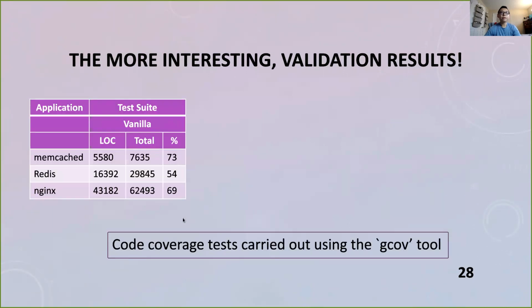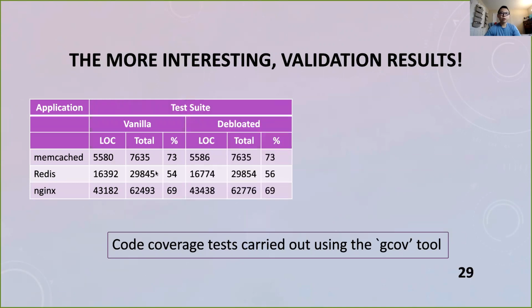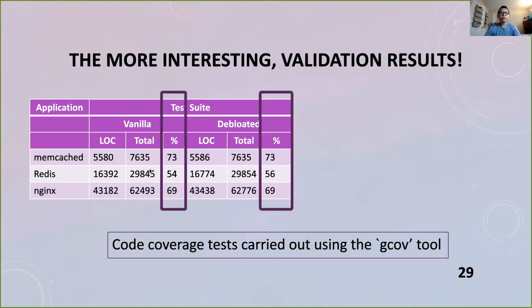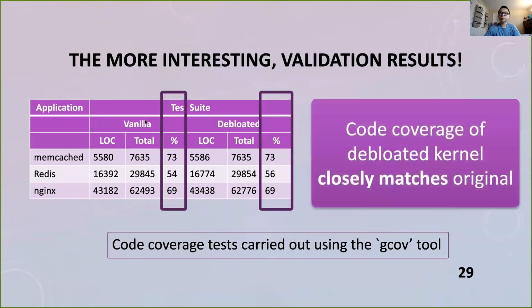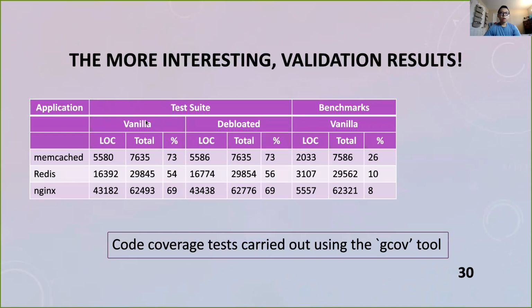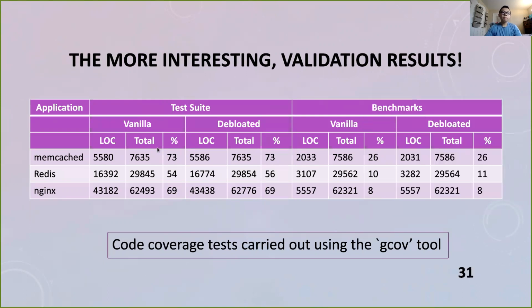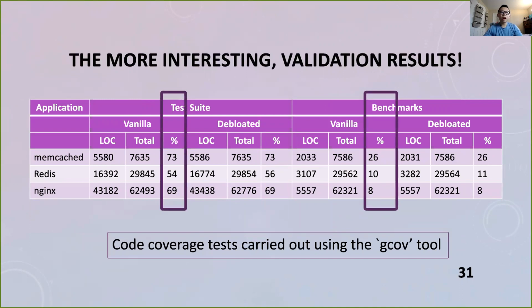We run test suites for applications on the vanilla kernel and the debloated kernel. We show that the coverage of the debloated kernel matches the vanilla one. We also do this comparison using benchmarks, and we get the same coverage. But when comparing the coverage results, benchmarks are much worse than test suites at testing application behaviors.